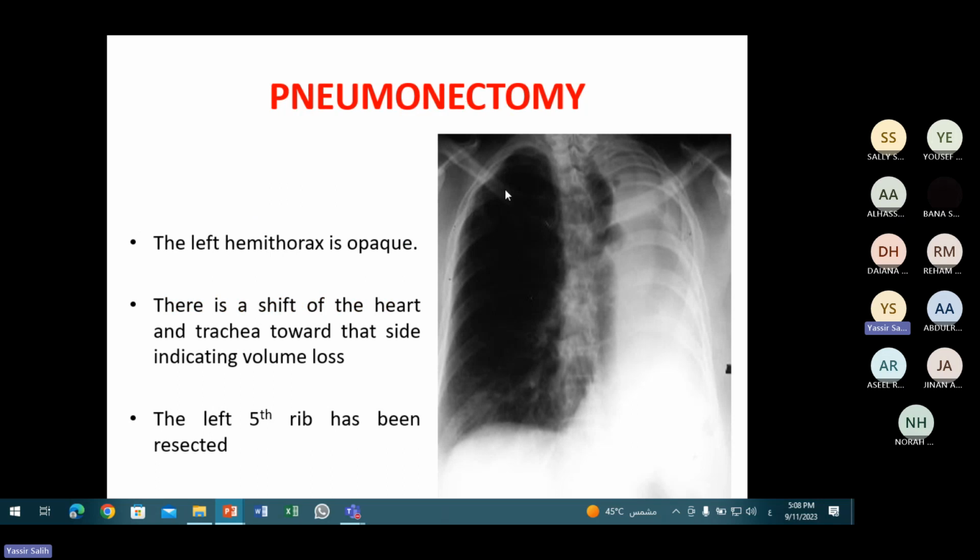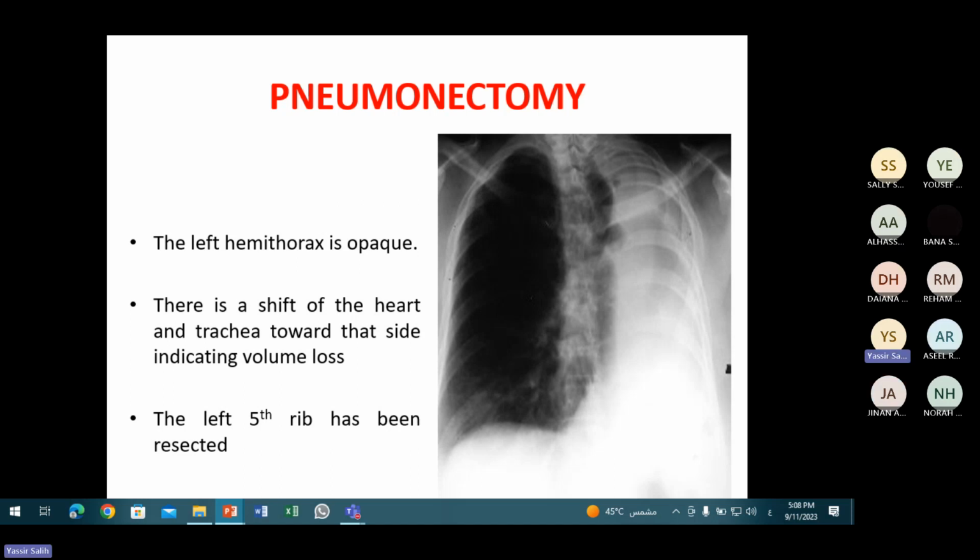Also, this is the other cause of increased opacification of hemithorax. As we agreed, in every differential diagnosis of opacified hemithorax you find one side opacified. This is a normal side, lucent. The right side is lucent. The left one is abnormal because it becomes opacified. There is increased opacification of the left hemithorax.